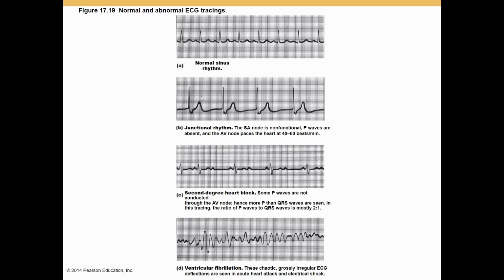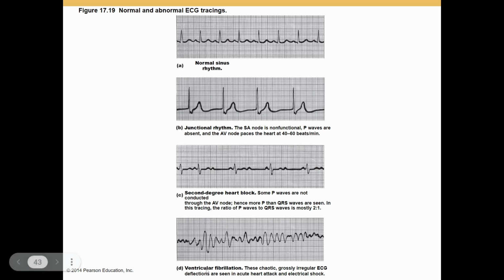P waves are missing. Here with second-degree heart block, you may have some P waves, but most of them are not conducted through the AV node. So you have a lot more P waves than QRS waves.